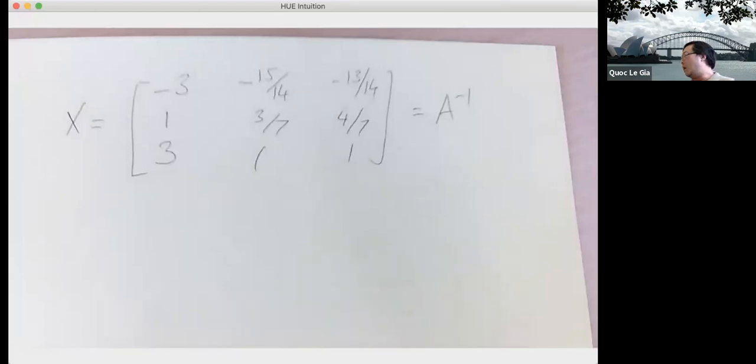Now MATLAB, Python, everything is available, but at least this shows you how the algorithm works, so you can implement it from scratch. Because finding the inverse by LU factorization can be programmed easily.